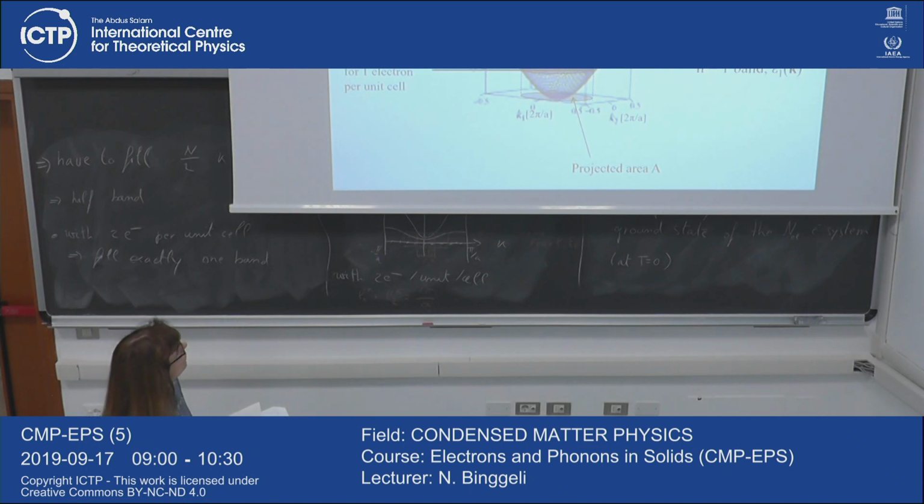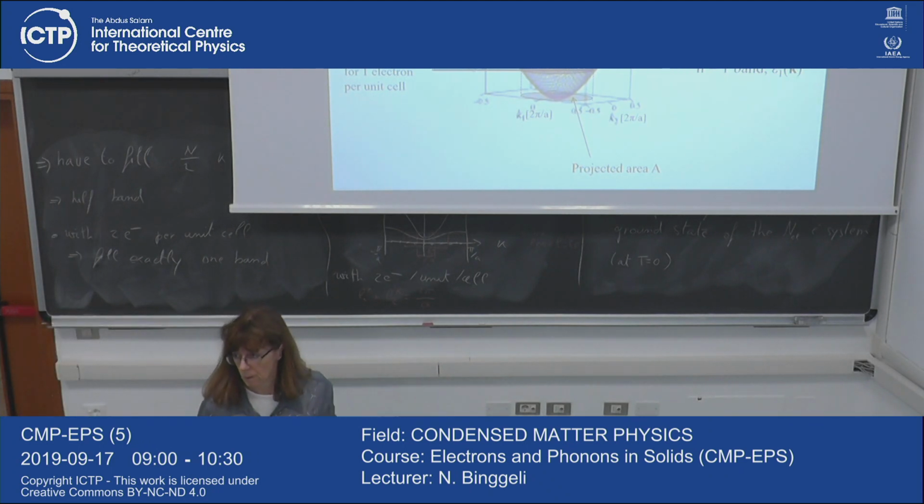And if I have 2 electrons per unit cell, then I will fill fully the first band. And this way, if I project the area that is occupied in my K-space, in my horizontal plane, I will have exactly the Brillouin zone.